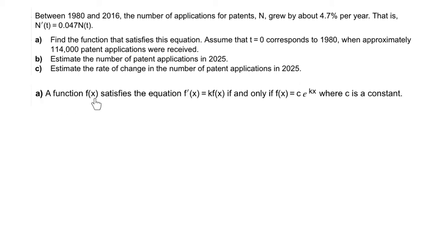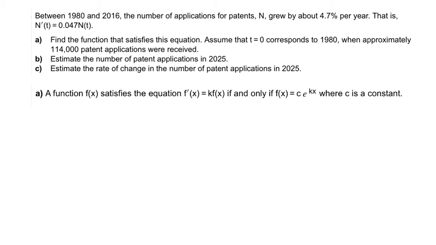A function f(x) satisfies the equation f'(x) = k f(x) if and only if f(x) = c e^(kx). So if you compare this equation with the given one, instead of N'(t) we have f'(x), and instead of k we have this constant. So k is 0.047 and N(t) is f(x).